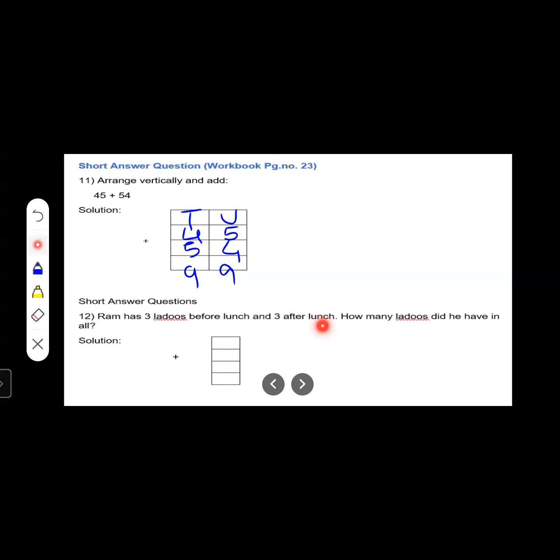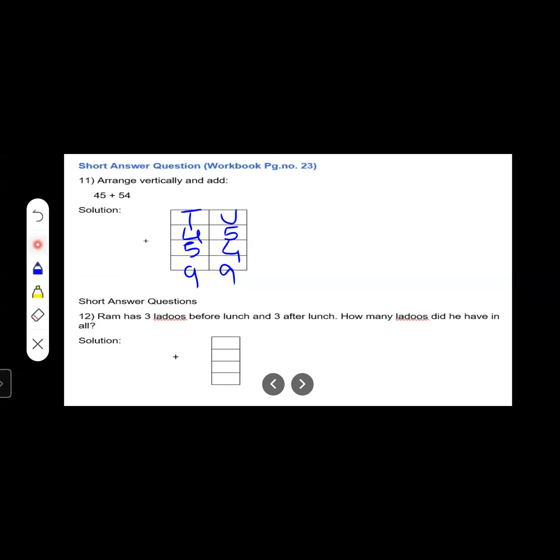So for that we will add. Remember, whenever the question says in all, all together, or total, you have to add. Adding means finding out the total number of things.